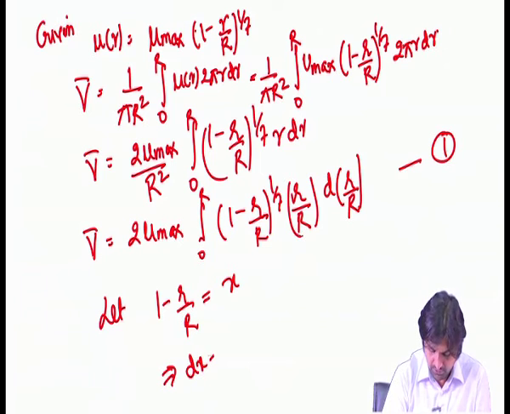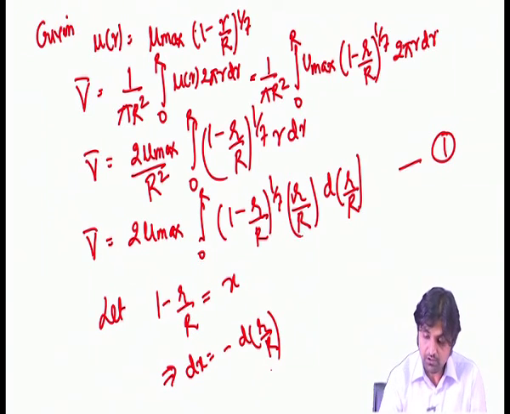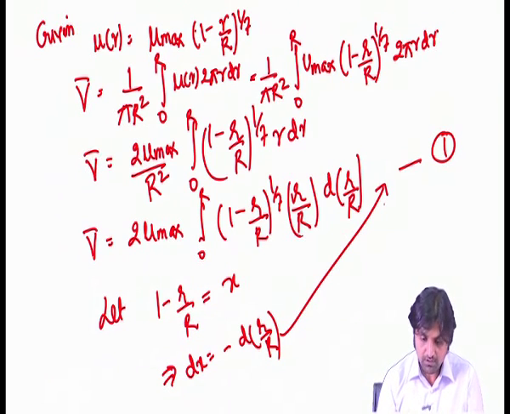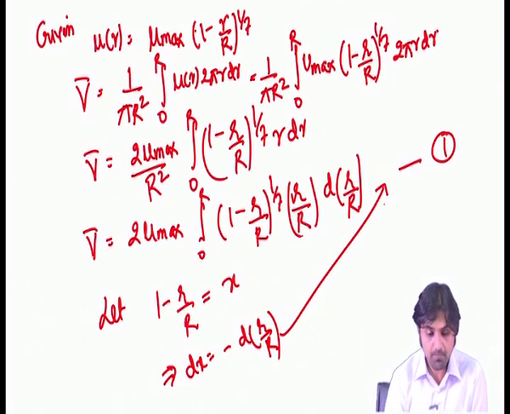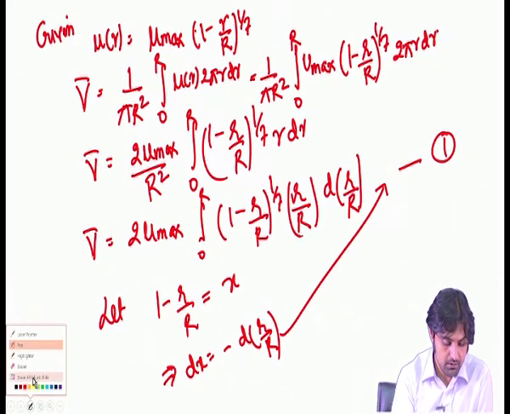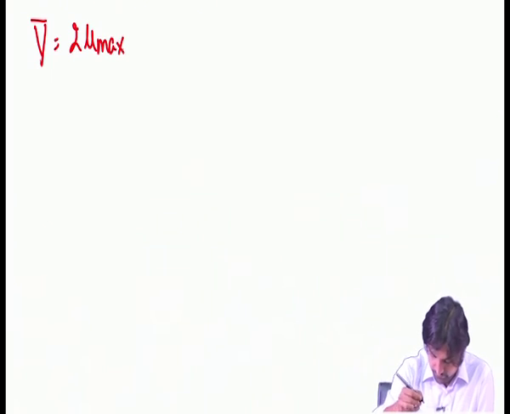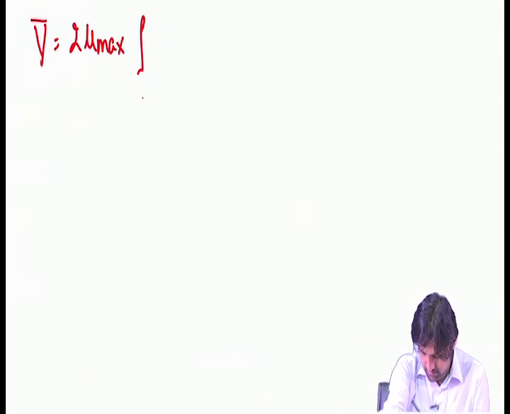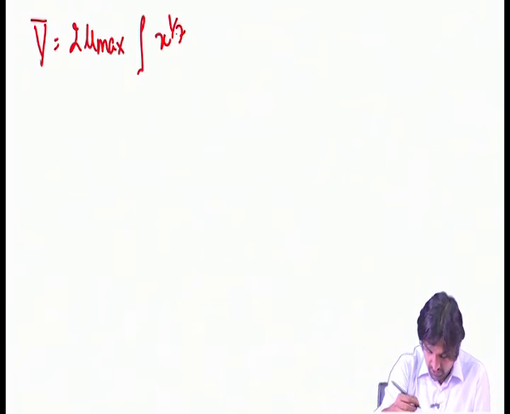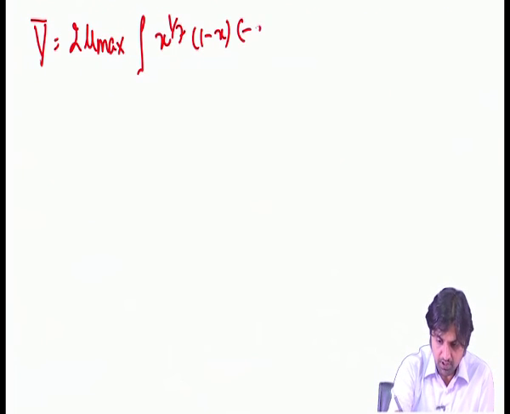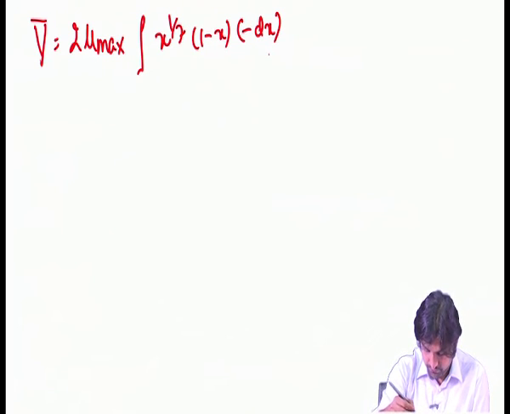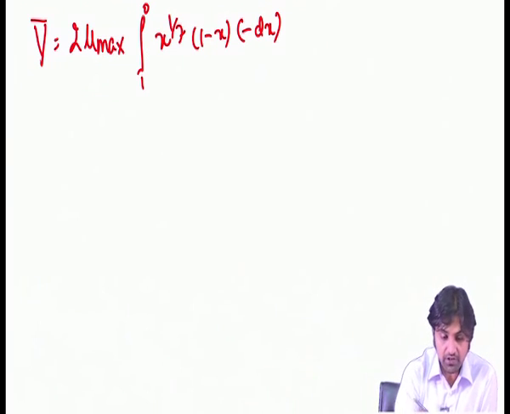This means dx is equal to minus dr by R. If we substitute this in this equation, we write V bar is equal to 2 u max integral x to the power 1 by 7 times 1 minus x times minus dx. So, that is from 1 to 0.